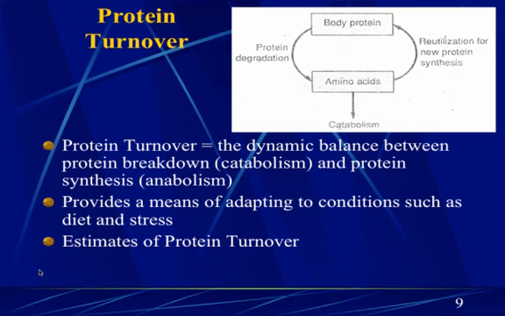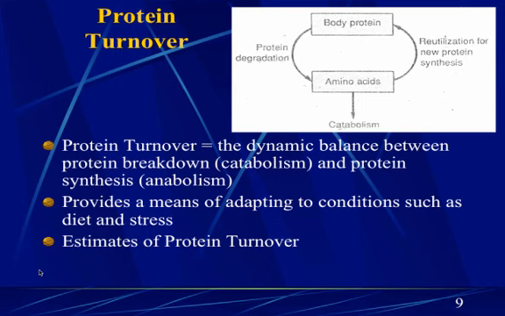I'm just going to give you a number here. Estimates of protein turnover. One of the questions is, how common is this? If a person were to measure this, protein turnover is estimated to be approximately 4.6 grams per kilogram body weight.